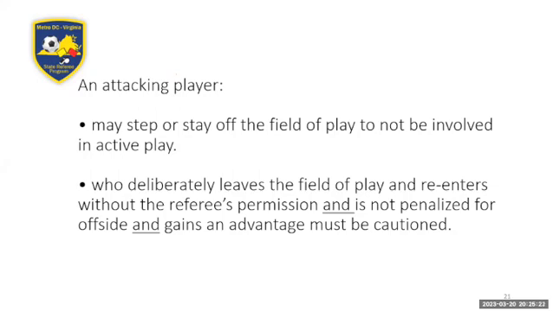So they can step off the goal line, they can step off the touch line, and they are telling the referee crew and their teammates, I am not playing right now. An attacking player who deliberately leaves the field of play and re-enters without the referee's permission and is not penalized for offside and gains an advantage must be cautioned.